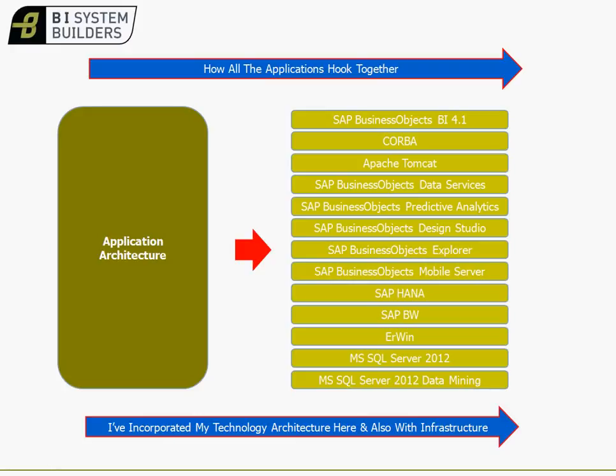So think about how all this hooks together in your application architecture. And down the bottom here I say, I've incorporated my technology architecture into the application architecture, and I build on it further with my infrastructure architecture. Remember, I'm only giving you guidelines.